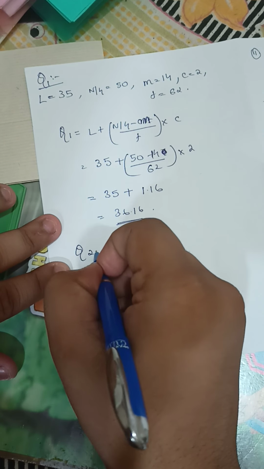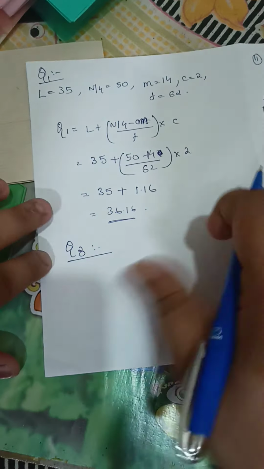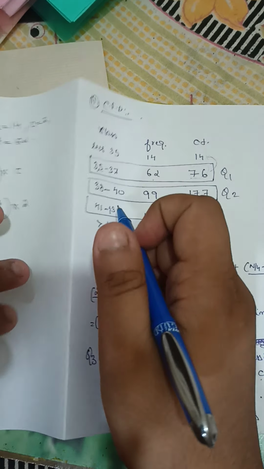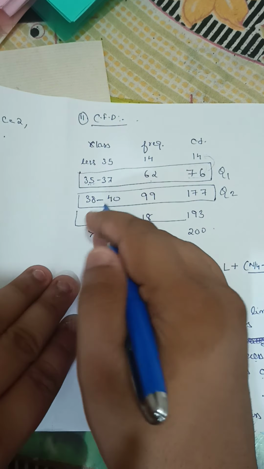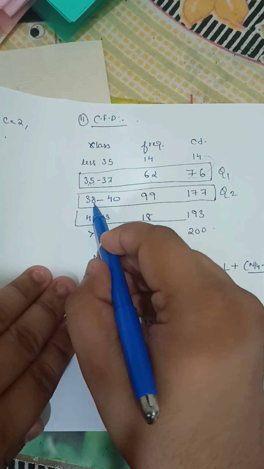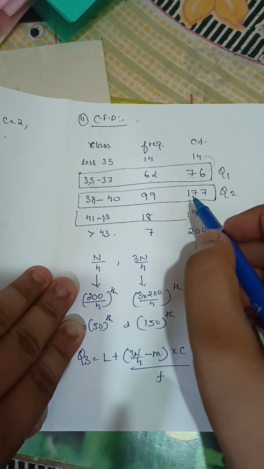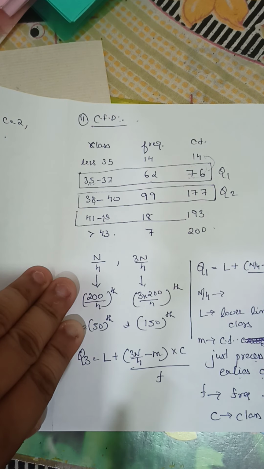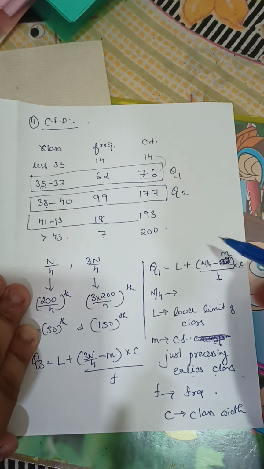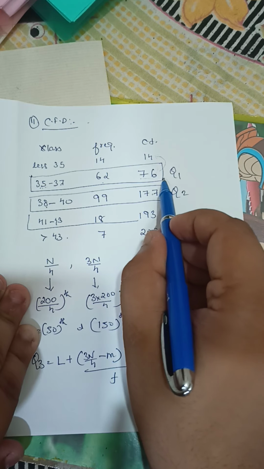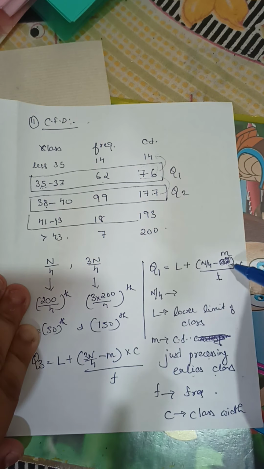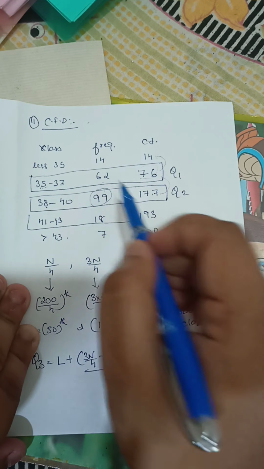Correspondingly, for Q3, L is 38, and for 3n by 4 you will have 150. For M you take the frequency just below, which is 76, and the corresponding frequency F is 99.